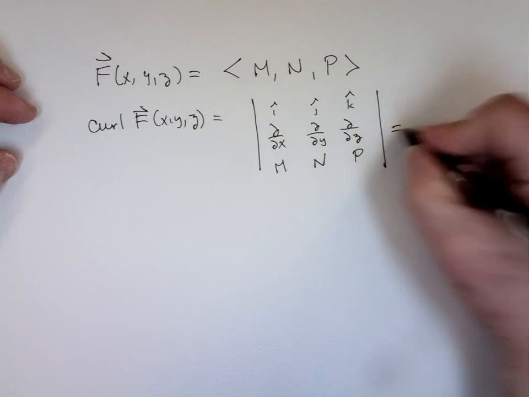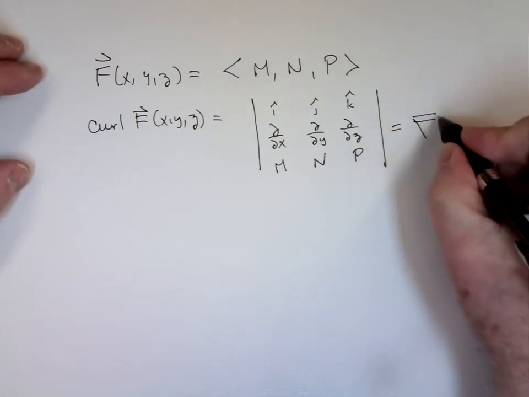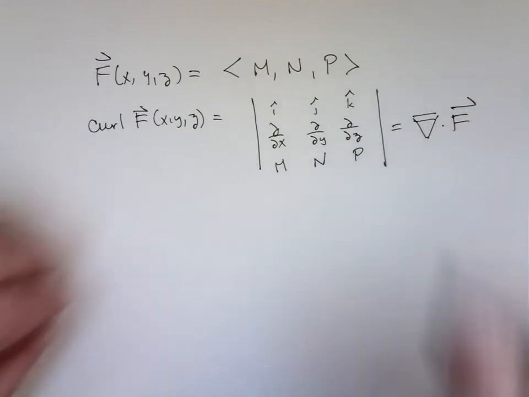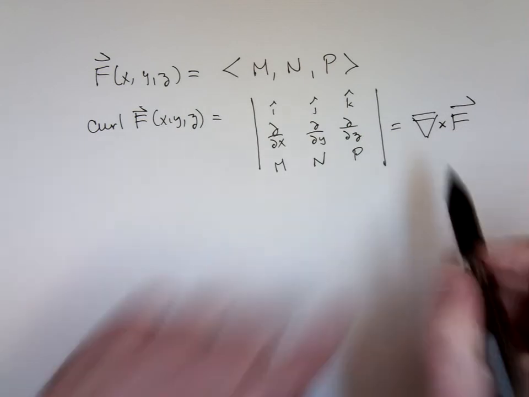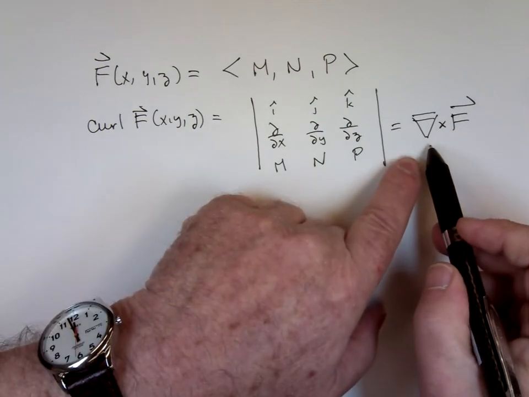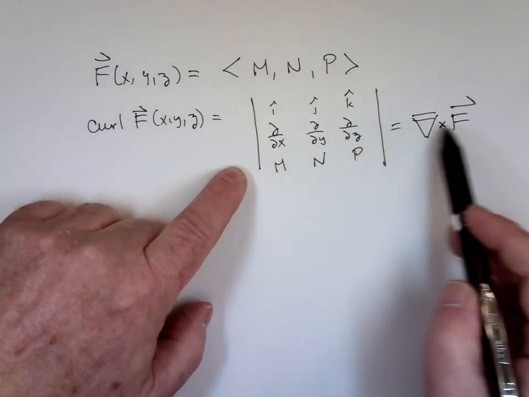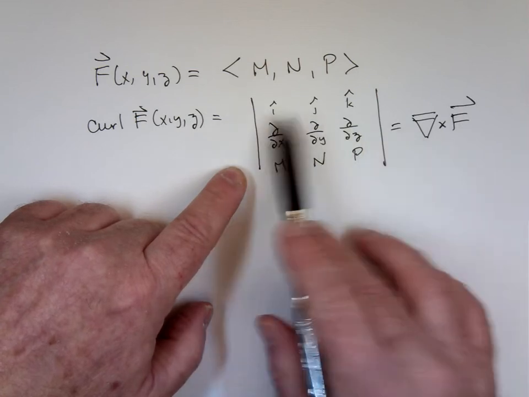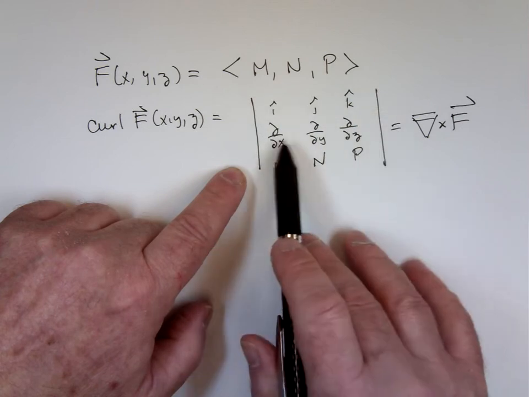Often, this is done by taking del cross f. Del is the gradient, the partial derivatives. F is m, n, p. This is how you take their cross product: i, j, k, take the partials, and then take the function itself.